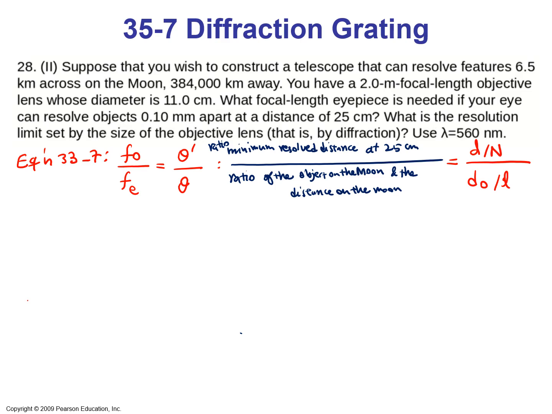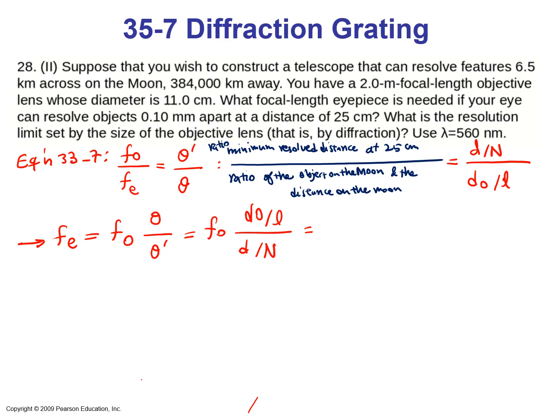So let's plug in the values. We can also ignore the fact that the image is inverted, so we can solve it for the focal length of the eyepiece, which is equal to the focal length of the objective multiplied by theta divided by theta prime. That is equal to f objective times d objective over L, d over n.